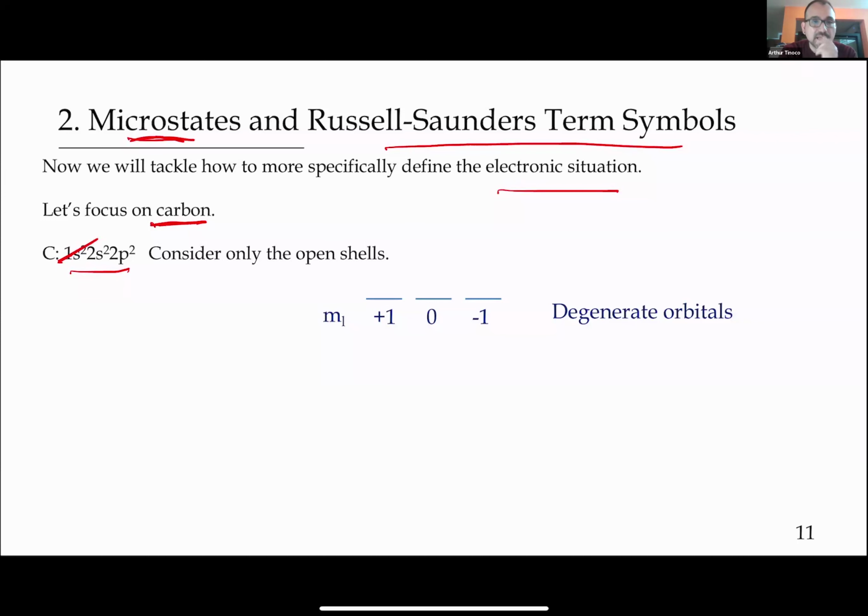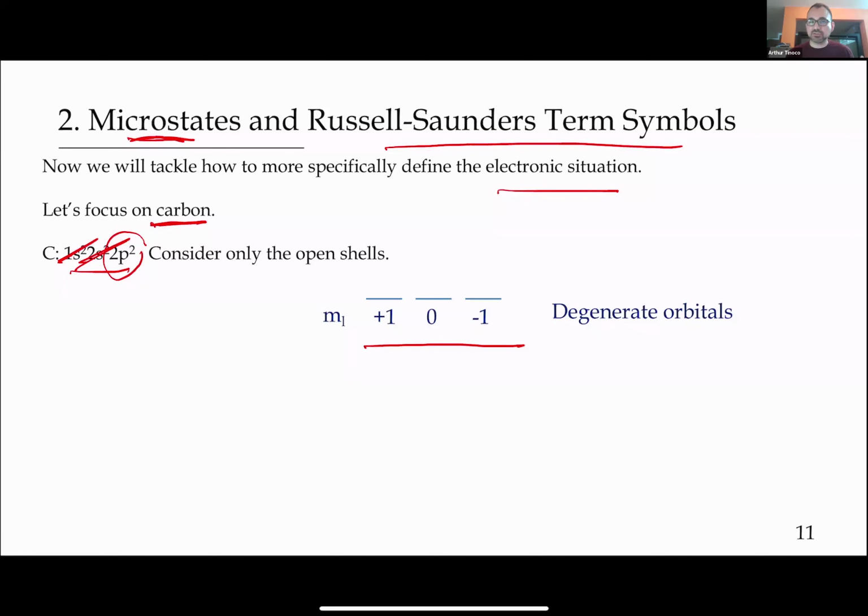In fact, what we're going to focus on in terms of electronic situation are the electrons in the open shell orbital. So here we're also going to ignore the 2s and only focus on the 2p, only considering the electrons there. So we go back to 2p orbitals, and we have m sub l, lowercase l, +1, 0, and -1.